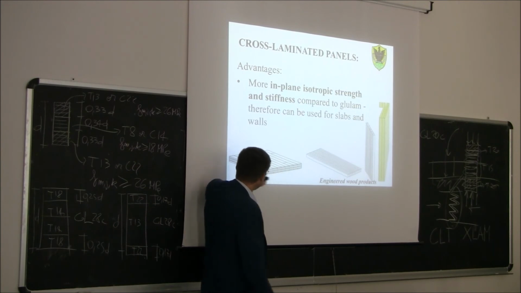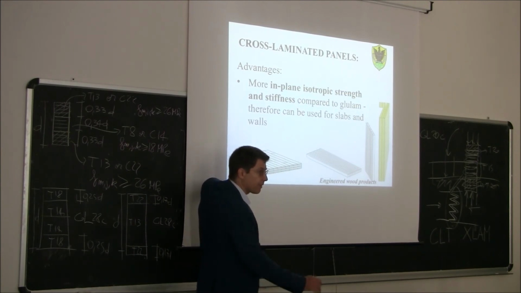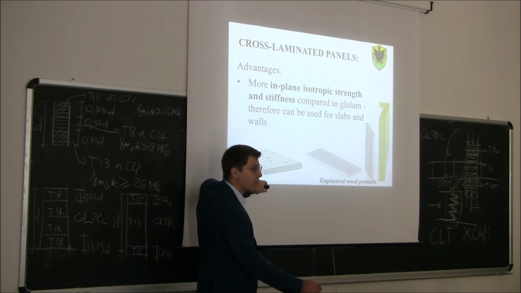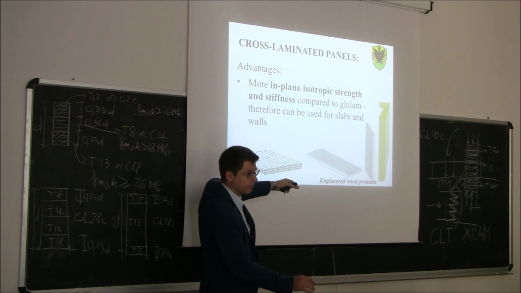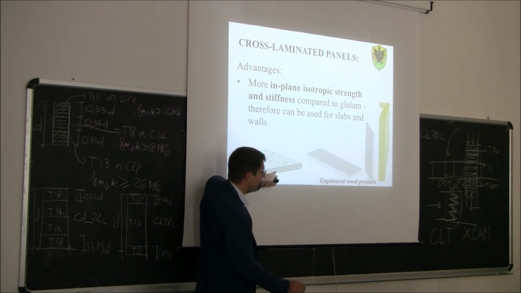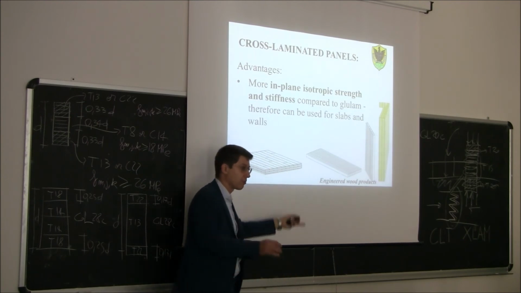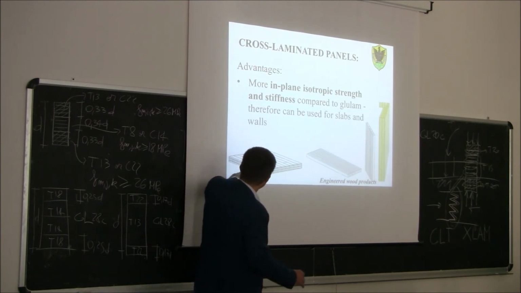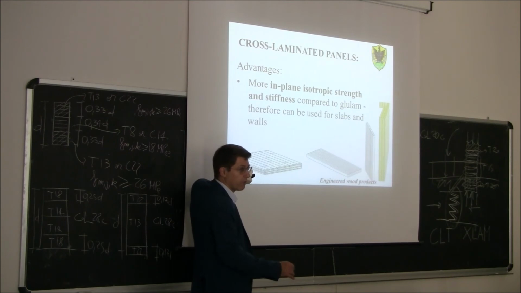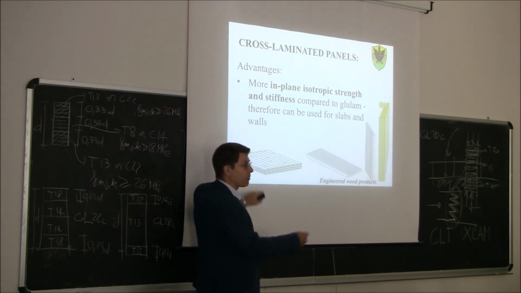Compare this direction with the other direction. Why is there a difference between the two, in your opinion? The number of layers parallel to the direction. So here we have 3 layers of boards parallel to the direction and 2 perpendicular to the direction. Here we have 2 layers of boards parallel to the direction and 3 perpendicular.